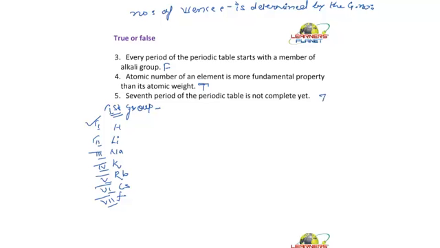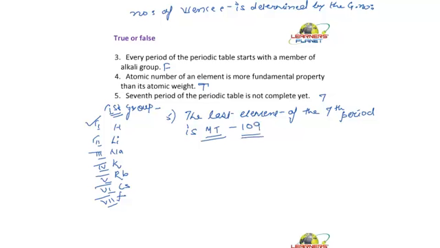The last element of the seventh period is an element with atomic number 109, right?